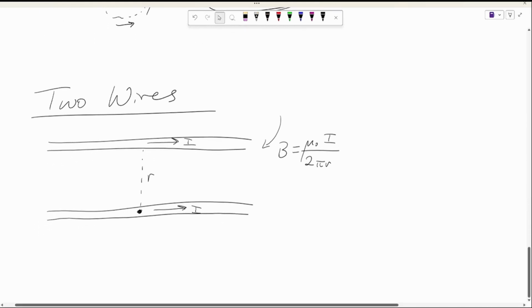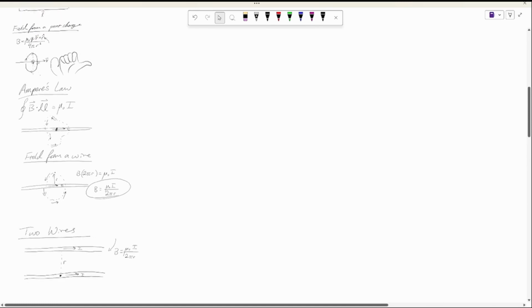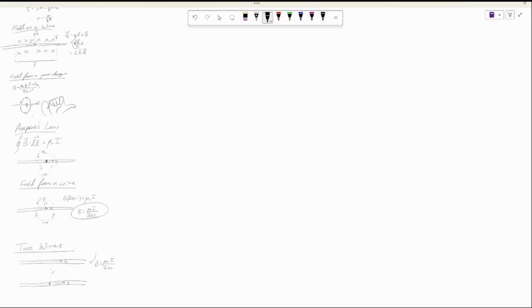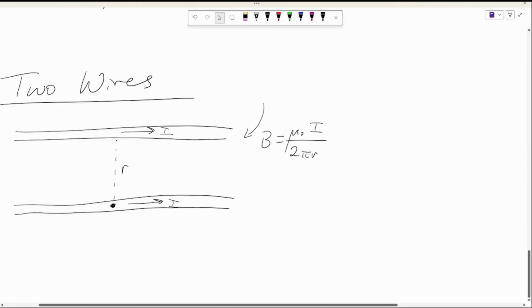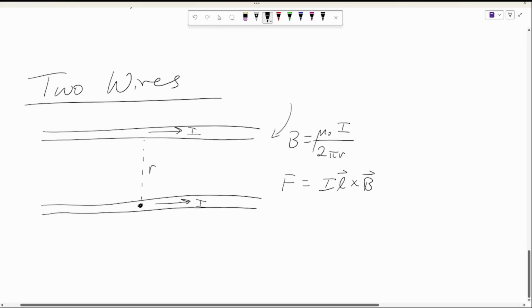Then, to figure out the force on the other wire, we need to work out how much force that wire experiences because of that B field, which is all the way up here, IL cross B. So F is equal to IL cross B. I do need to specify the length of these wires.